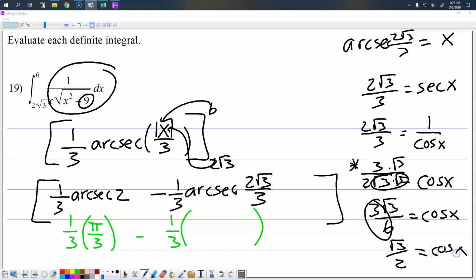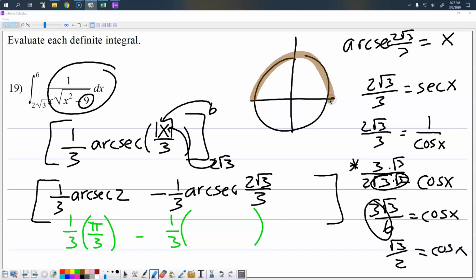So now we're asking ourselves, where does cosine equal radical 3 over 2 on the unit circle when we're concerned with just the top half? That would be right here, and that angle is pi over 6.